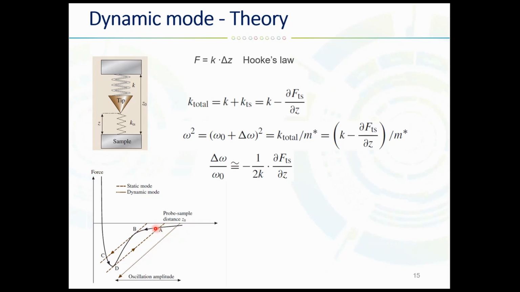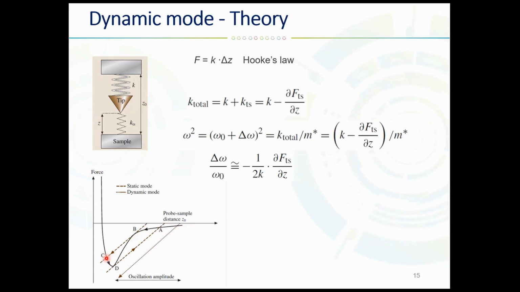So between points A and B, the tip is at its local energy minimum, and then it will follow the force curve. But at point B, when the adhesion force upon further approach becomes larger than the spring restoring force, the tip will suddenly jump to position C.